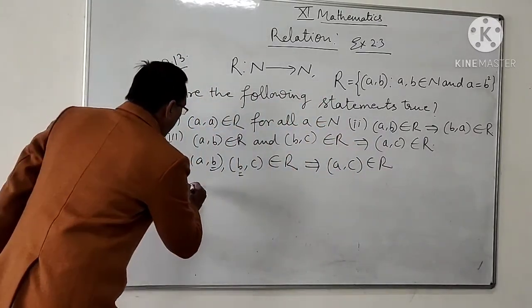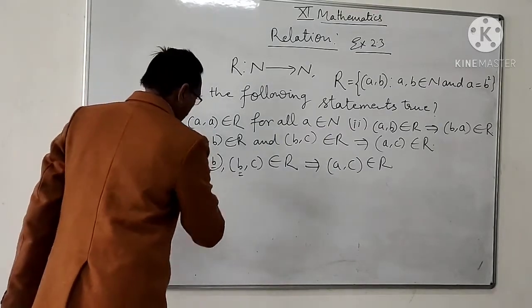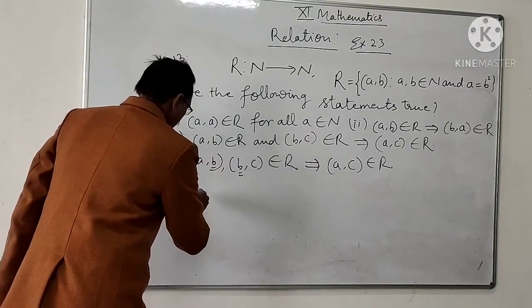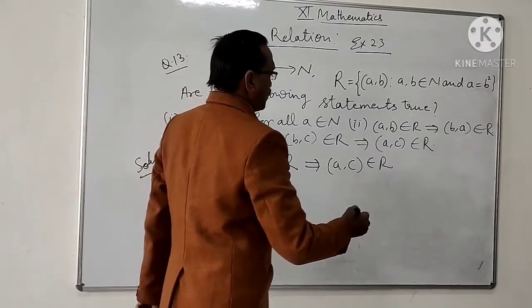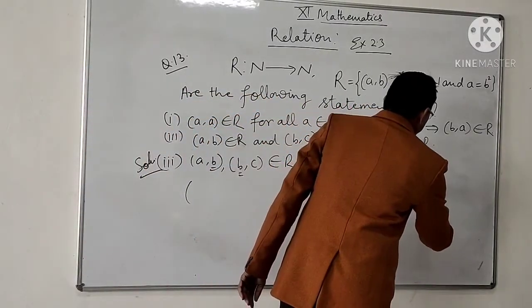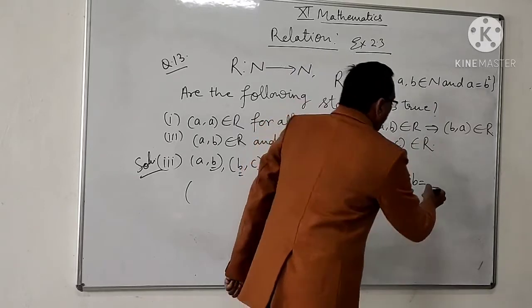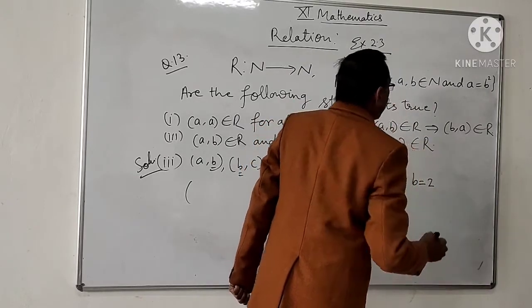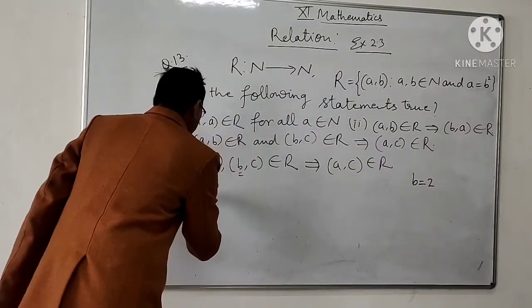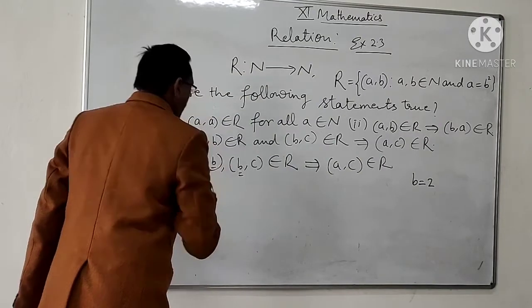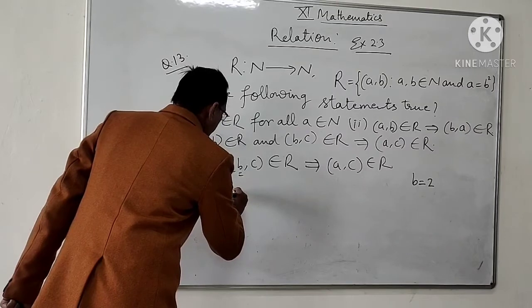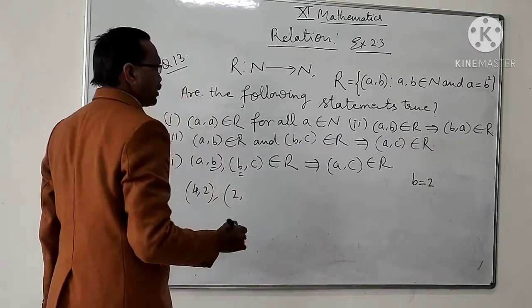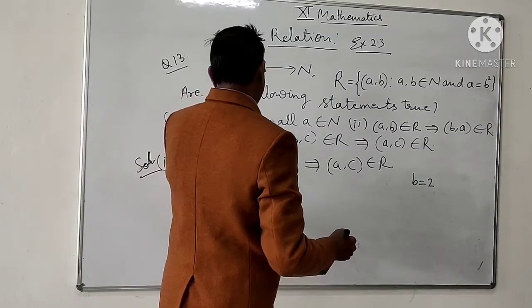So, let B equal 2, then A equals 4, meaning (4, 2). And when B is 2, then what about C?